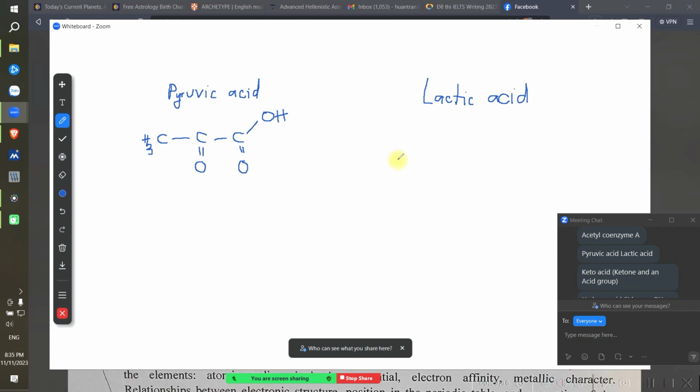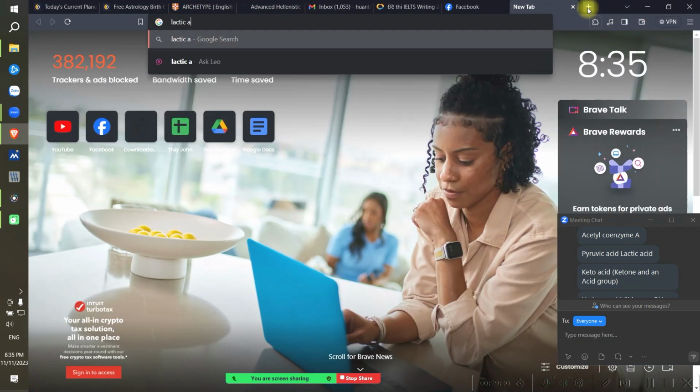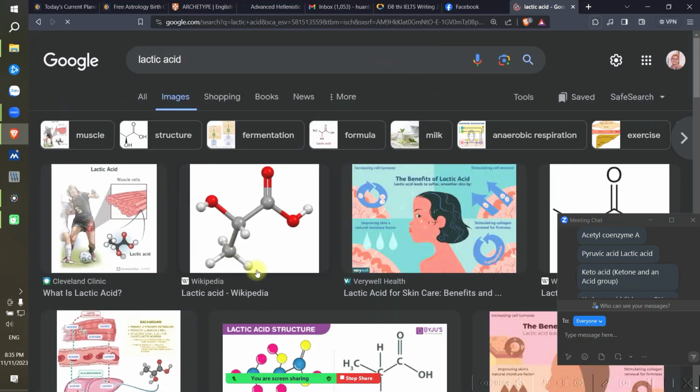Anyway, lactic acid is also 3 carbon, right? And you know it's a hydroxy acid, so it means it has a hydroxy group, right? But where is the hydroxy? Let's check the word lactic acid.